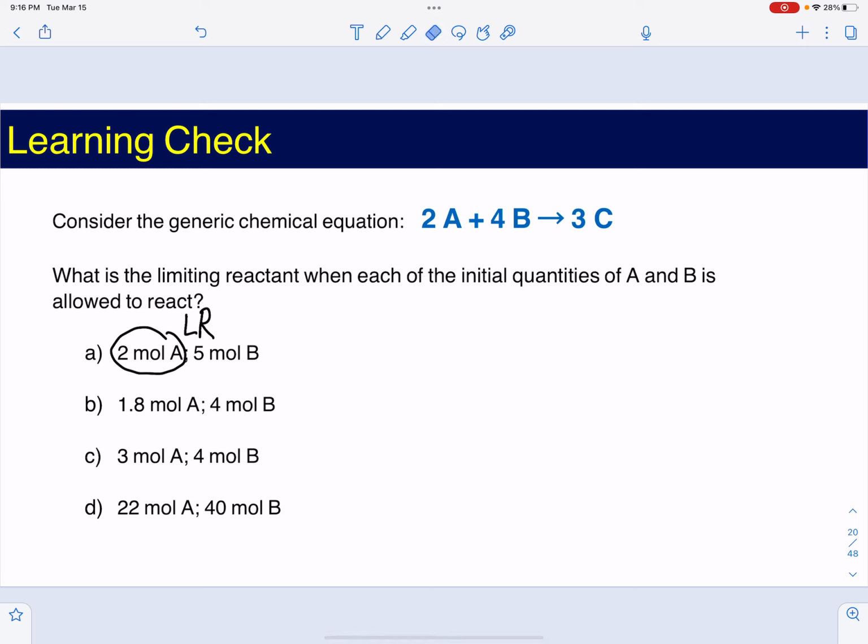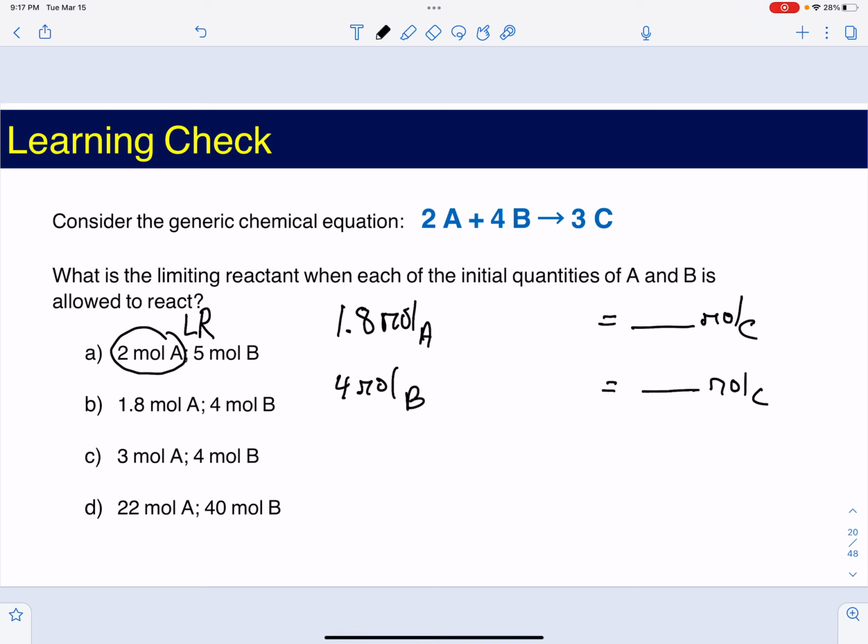Another one is, using the mole to mole conversion, you can take 1.8 moles of A and see how much product you can make. Then you can take 4 moles of B and see how much product you can make. The one that gives you the smallest amount is limiting you. So that would be the limiting reactant.